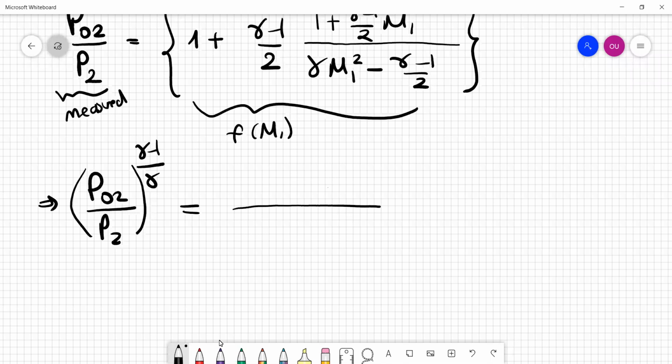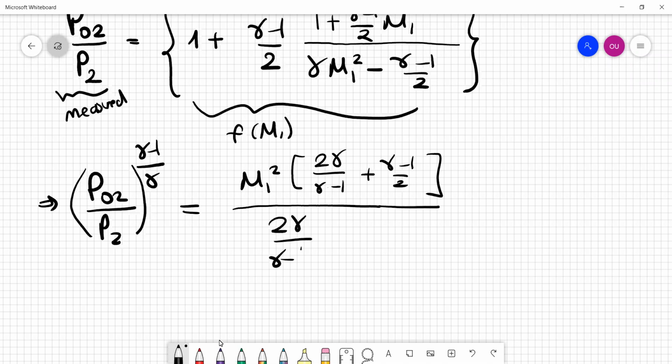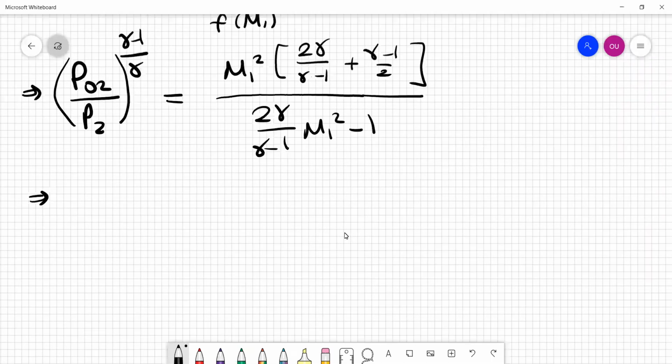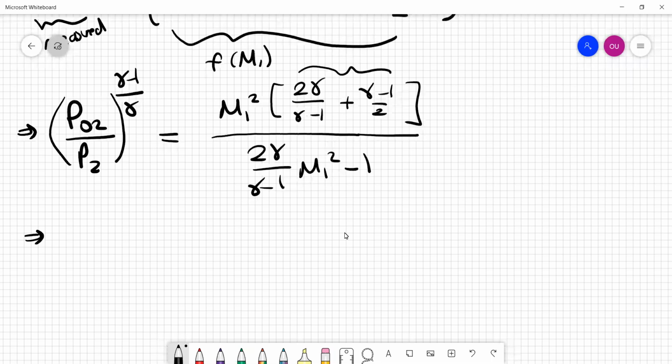You do the multiplications, rearrange the equations, simplify them a little bit, and then we get this term, for example, M1 square times 2 gamma over gamma minus 1 plus gamma minus 1 over 2, divided by 2 gamma M1 square minus 1. And then from here, we get, I mean, you can do this yourselves, I guess. So you can just add these two terms.